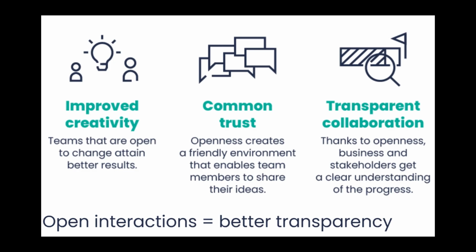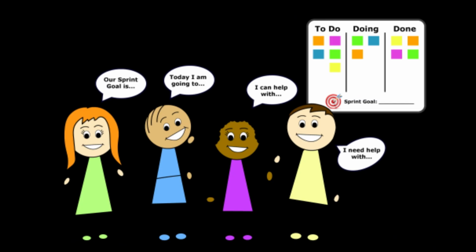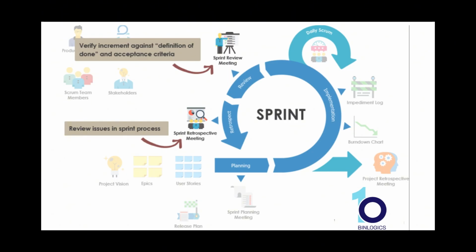Teams practice regular communication, especially during daily scrums, where everyone shares updates, potential blockers, and achievements. This openness ensures that team members are aware of each other's progress, enabling early detection of issues. Like in sprint planning, everyone has a shared understanding of what will be done in the sprint and why.